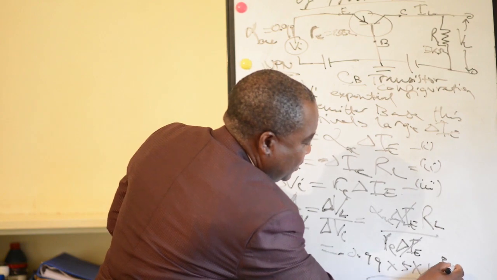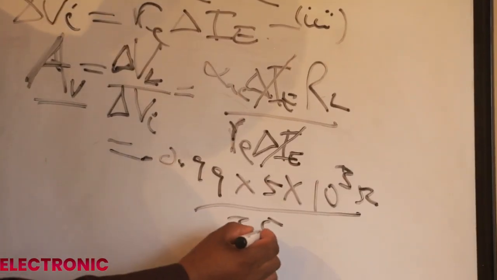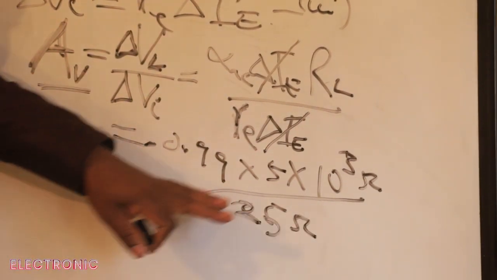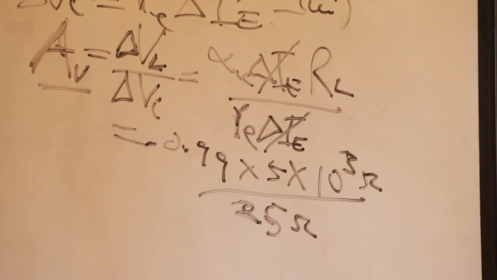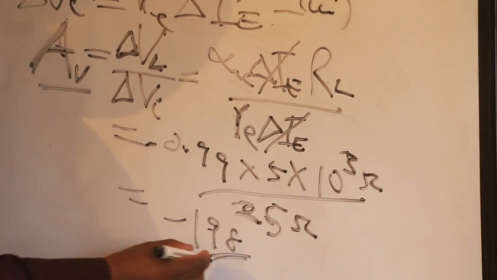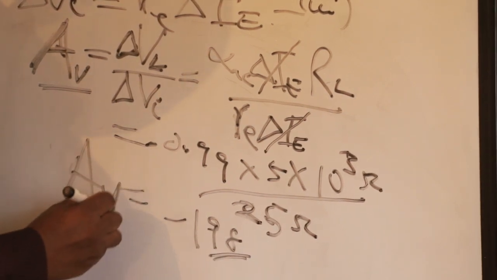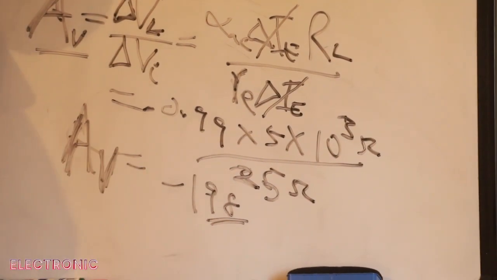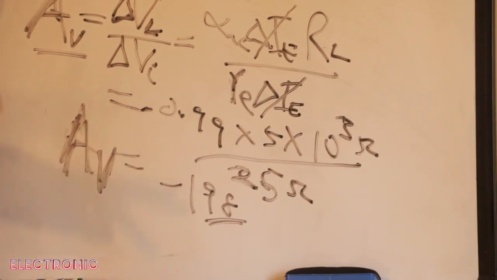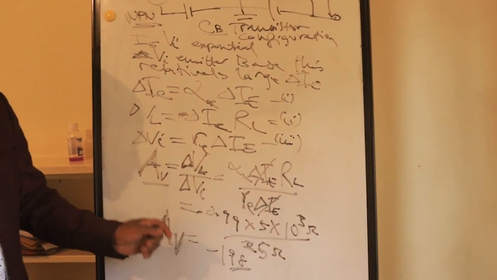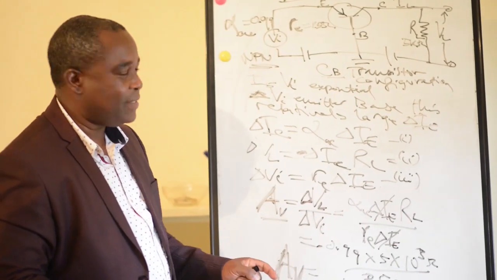It will be ohms instead of kilo ohms because we have put 10 to the power 3. This is just simple algebra. You use a calculator and you get minus 198 as our voltage amplification gain. So any signal will be amplified 198 times.